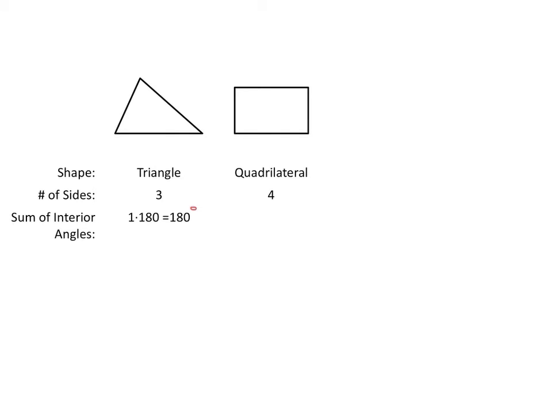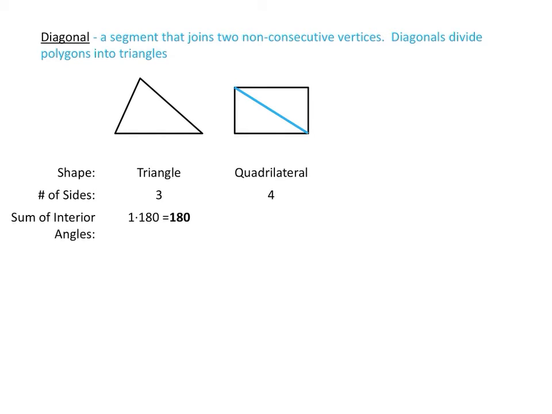Alright, next sided figure, we have a quadrilateral, which has 4 sides. And here we're going to divide the quadrilateral with a diagonal. So just to be clear, a diagonal is a segment that joins two non-consecutive vertices. And we can see that when I connect two non-consecutive vertices, the diagonals divide the polygon into triangles.